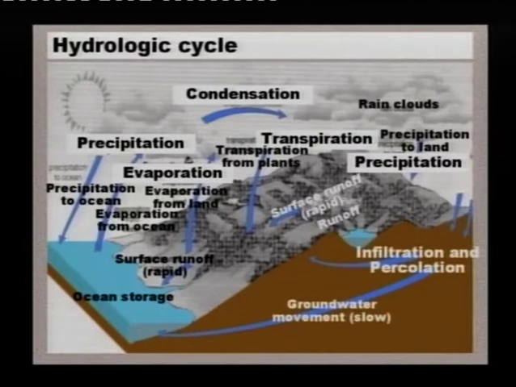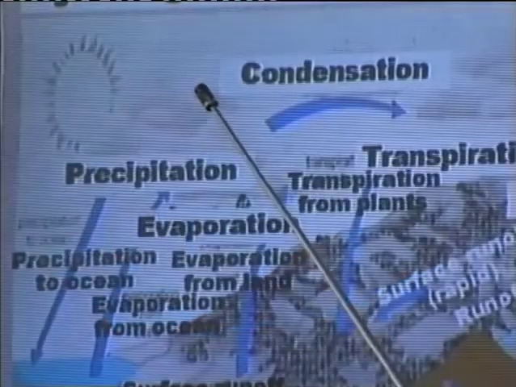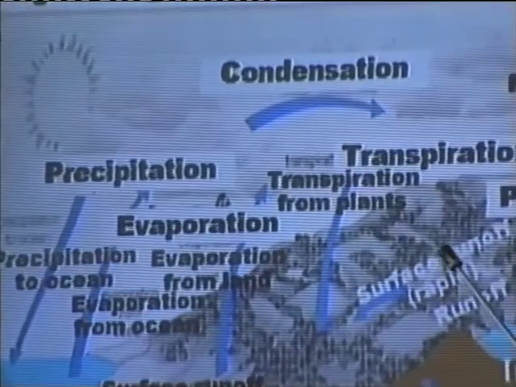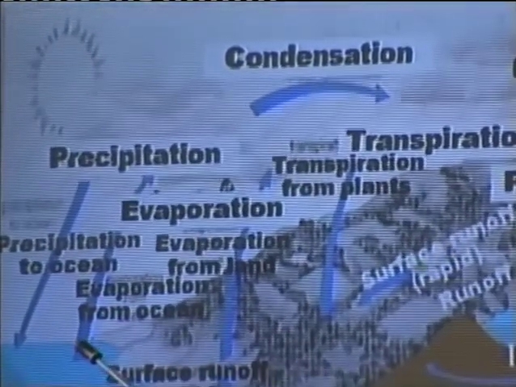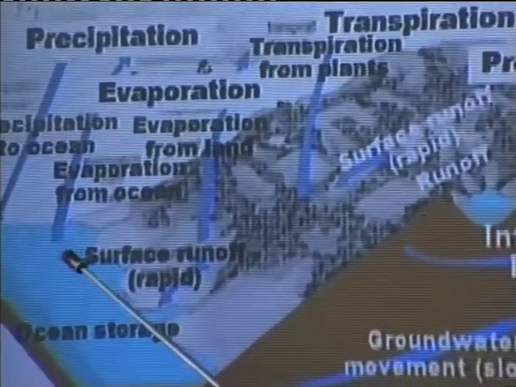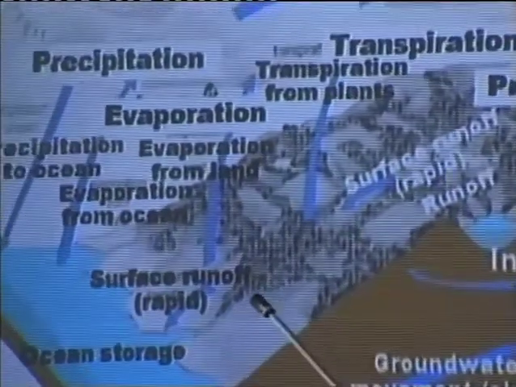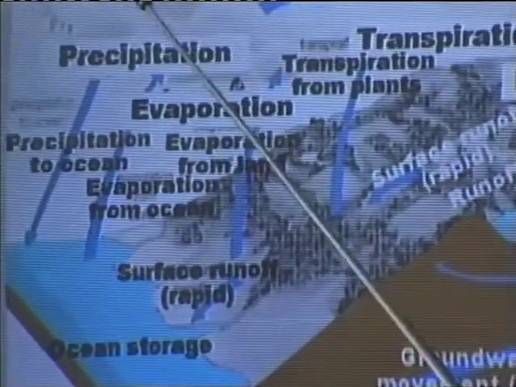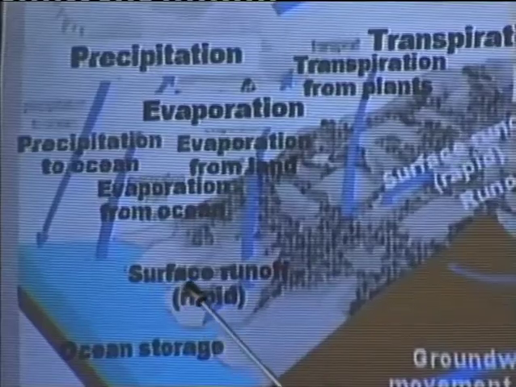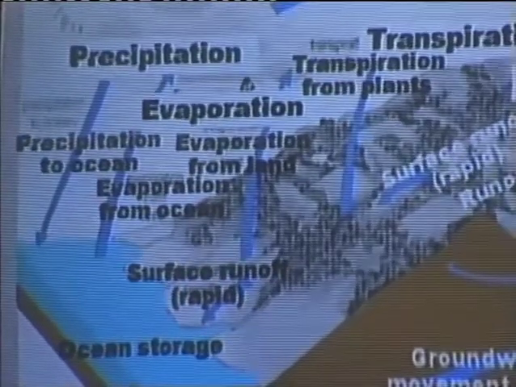Okay, we have the sun, very important, the source of energy to operate the water cycle. The sun heats up the surface, and then from the surface we have water, the trees, plants, animals, etc. What then happens once the sun heats up those different surfaces? Evaporation takes place.